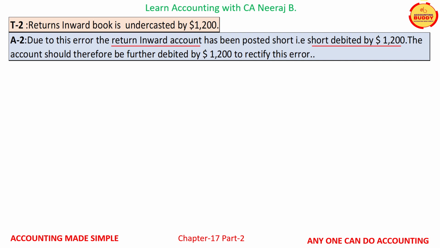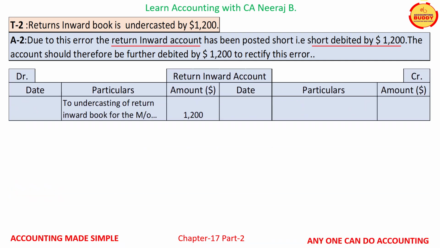The rectification entry will be recorded in the return inward account as displayed on your screens. An amount of $1,200 will be recorded on the debit side by writing the words "to undercasting of return inward book for the month of", and we need to write the month to which it belongs, and it will be written under the particulars column.